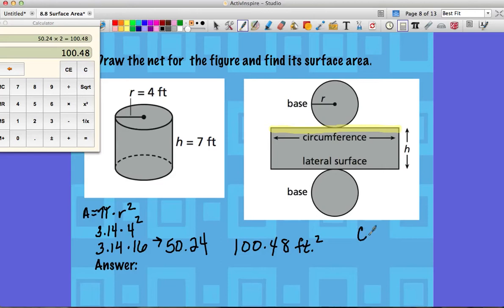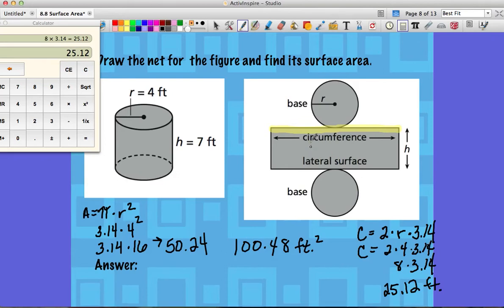The circumference is equal to 2 times the radius times pi. So in this case, we have circumference equals 2 times 4 times 3.14, which gives us 8 times 3.14. I'm going to go over here, and I get 25.12 feet.